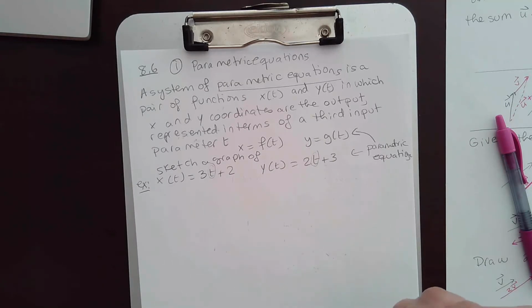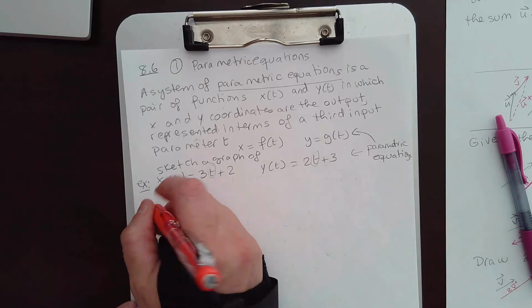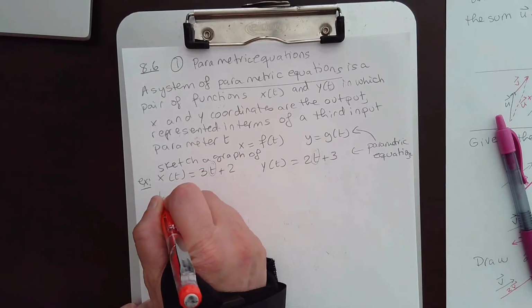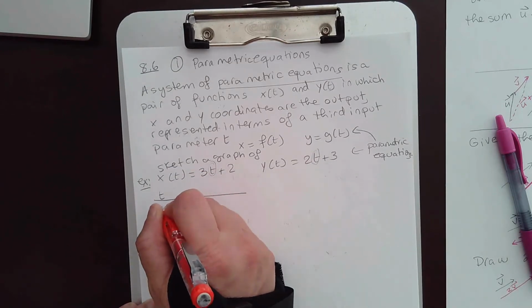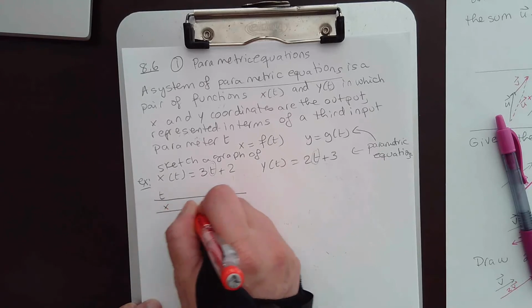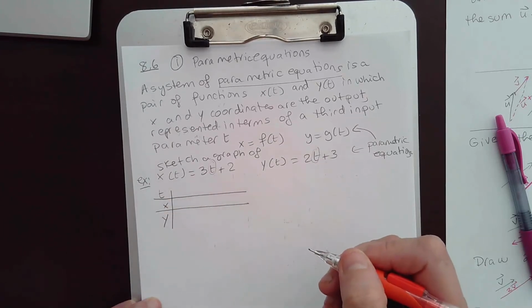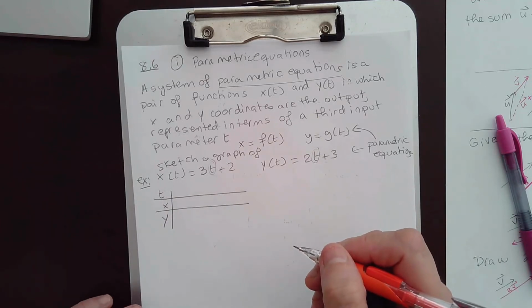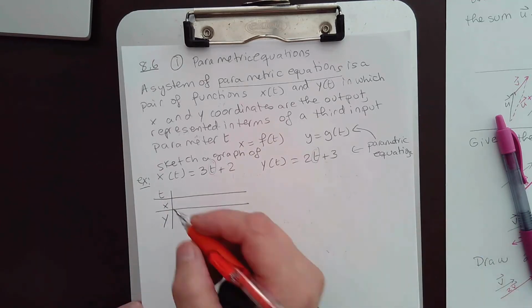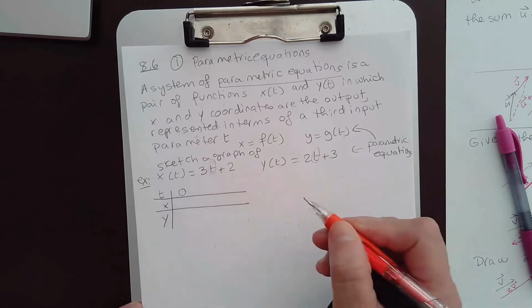So this is what we're going to be doing here. So you have t here. For each t, we have different values of x and y. Let's do this. Well, for t equal to 0, what do you have?